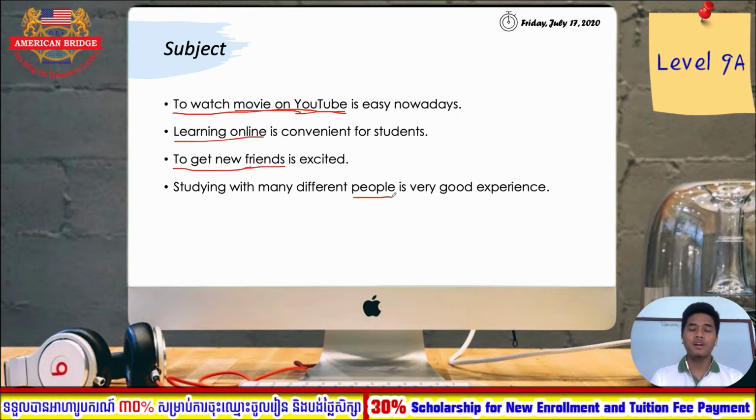It's just a part of the subject, and the whole phrase here is the subject. Studying with many different people, all of this is the subject, and it functions as a singular subject. So we need to use the singular verb, which is is, as the subject here.